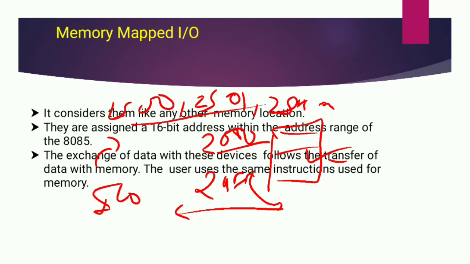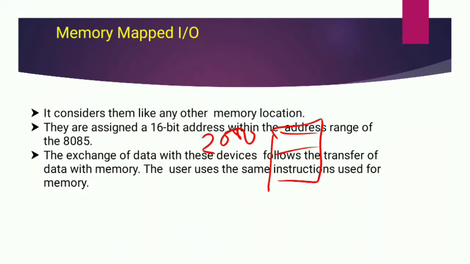In this method, the I/O devices are treated like memory. A part of the memory address space is used for the I/O devices. The memory mapped I/O scheme is drawn here.